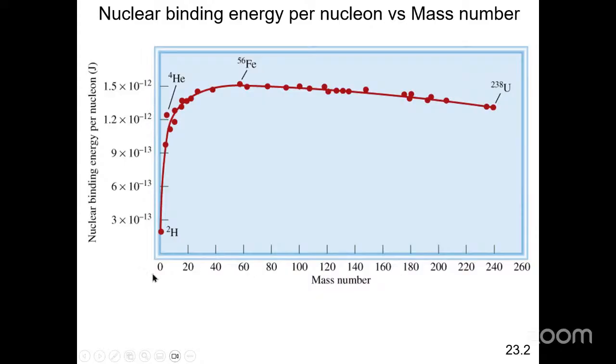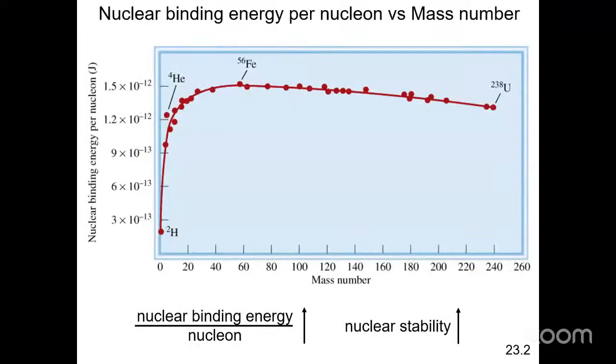What they found was that of all the nuclei that exist, iron 56 is the most stable nucleus when it comes to the binding energy per nucleon. All right? So as we said before, the greater the binding energy per nucleon, the more stable the nucleus is.